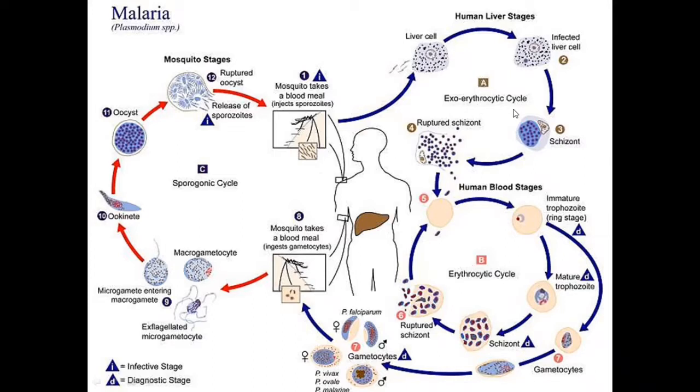So this is the schizogonic life cycle, whereas here in the mosquito it is the sporogonic cycle. So the mosquito is its definitive host, whereas the human being is its intermediate host. So that's all about the life cycle of the Plasmodium.